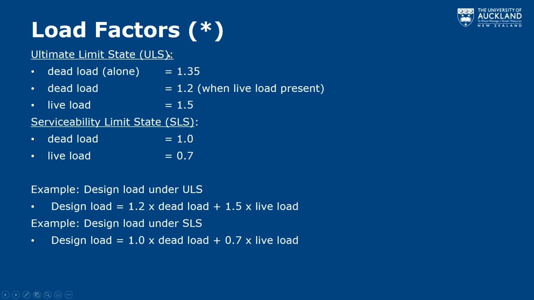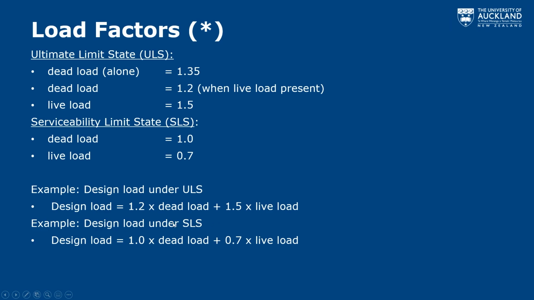We'll also find that we will design for safety and then we will check the serviceability. Oftentimes the demands will force the capacity of an element at ultimate limit state to easily meet the serviceability limit state rules. Just a little example of how these are applied: as we've showed before, for the ultimate limit state, the dead load will just add a 20% increase, and for the live load, we'll add a 50% increase, and that is what our demand will be for our calculations to design our structural element.